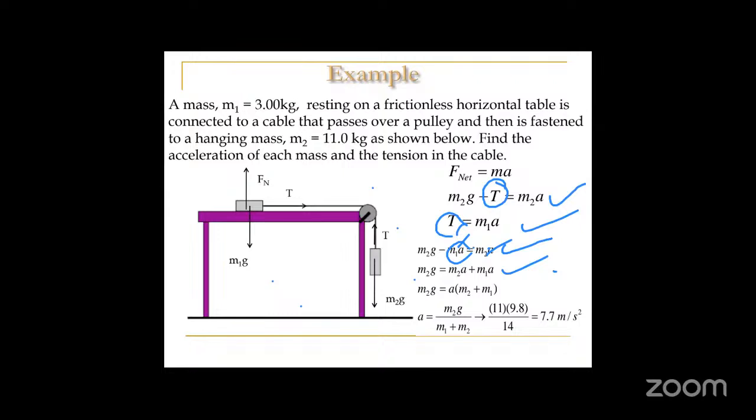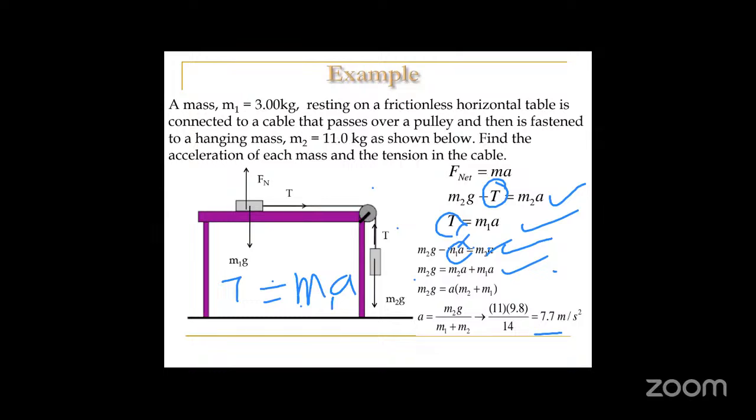Now we can substitute the parameters: M1 is 3, M2 is 11, G is 9.8. If we simplify this, our A is 7.7 meters per second squared. Now, the next question asks for tension. Tension is M1A.